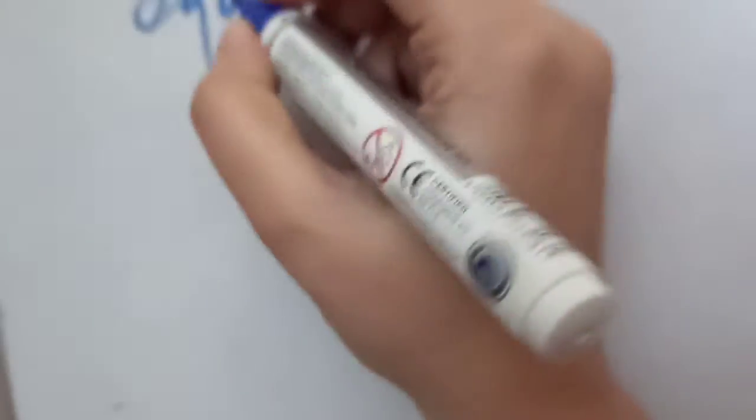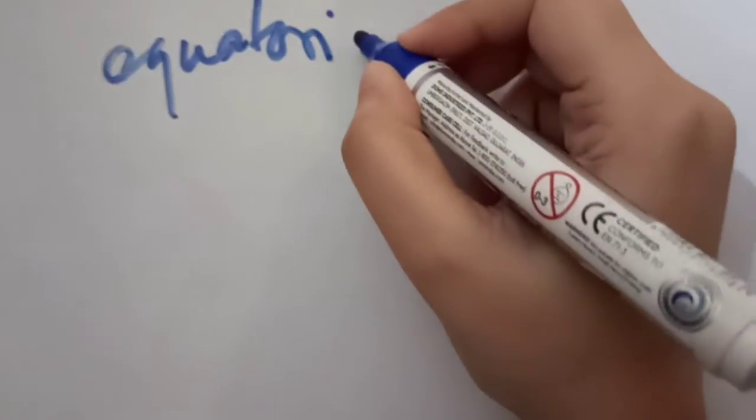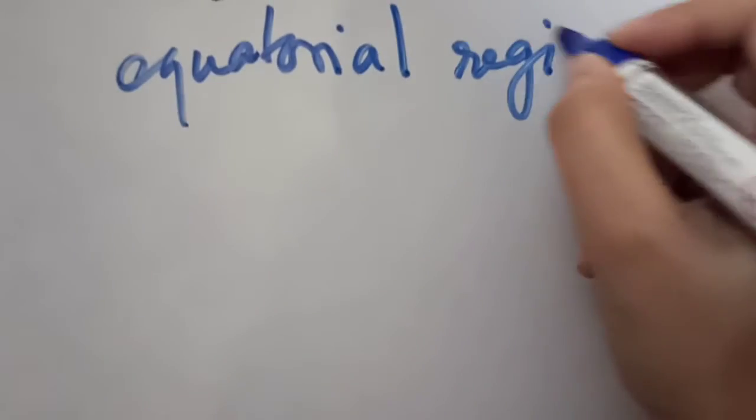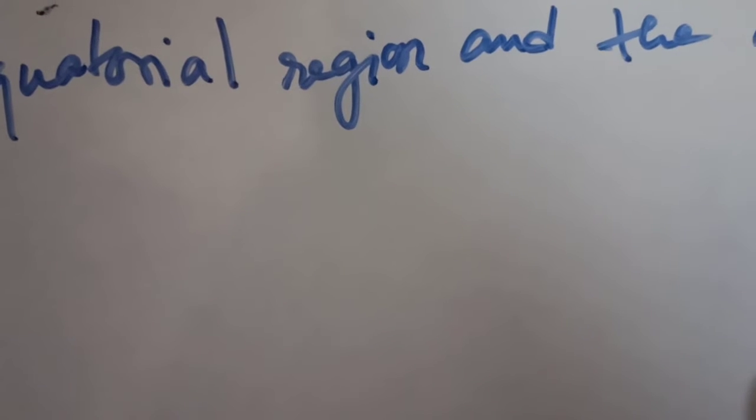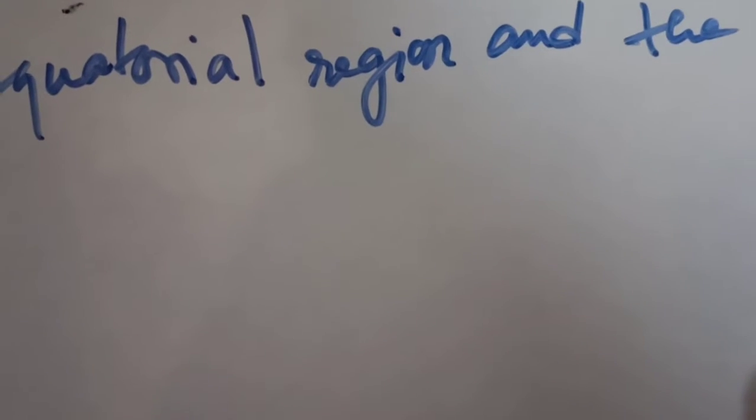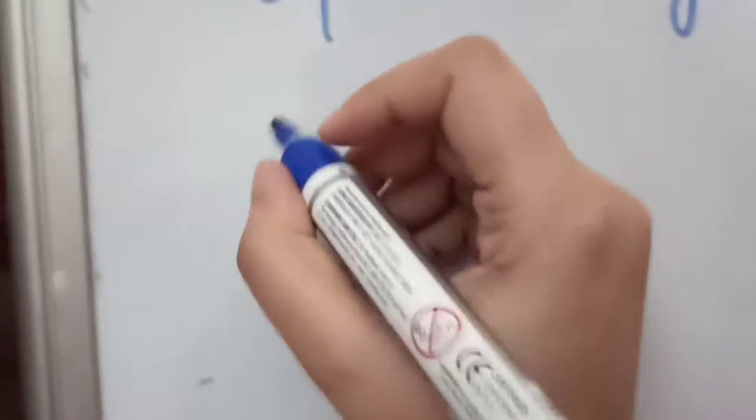is scattered out or moves away from the equatorial region and the adjoining areas. Over here the speed of the rotation is high.